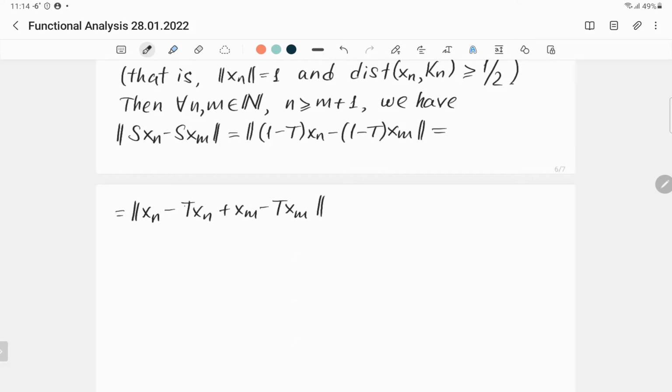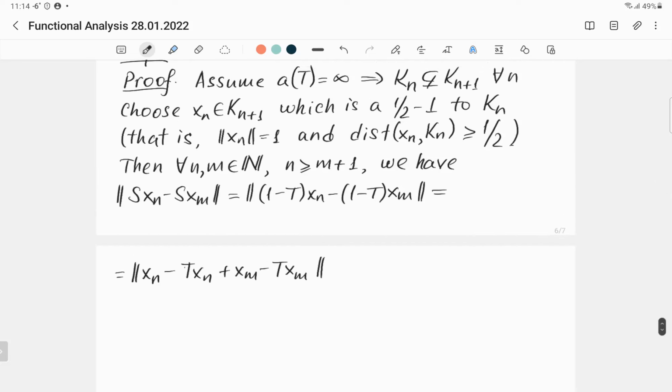Well, now xn belongs to Kn plus 1. And this implies that T of xn belongs to Kn, just because Kn is the kernel of T to the power n. So this vector belongs to Kn.